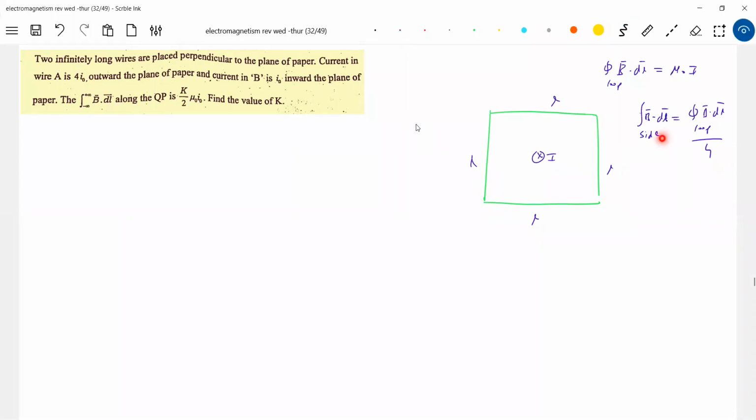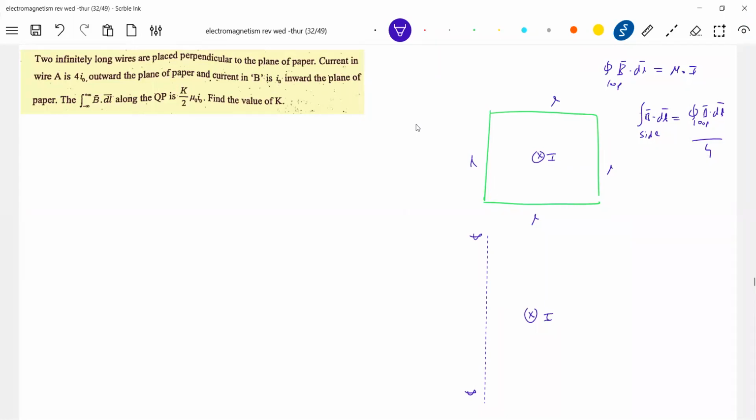Definitely our answer will be 1/4 of this one. Okay, no problem till here. Now, instead of this, let me make a line infinite. What is the value of B bar dot dl for this particular line?